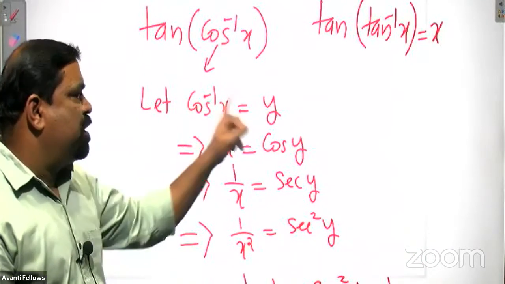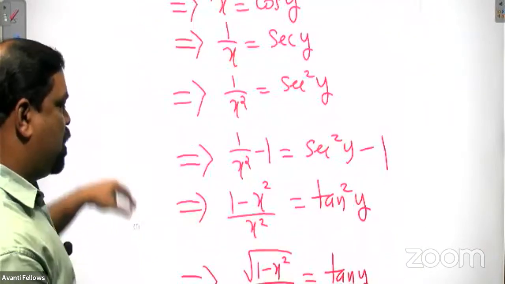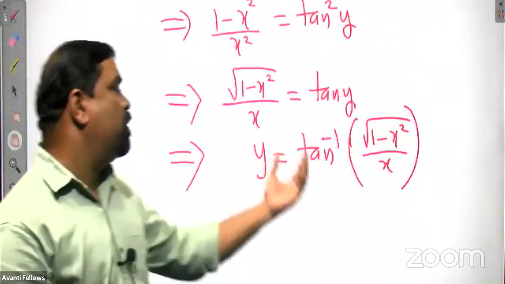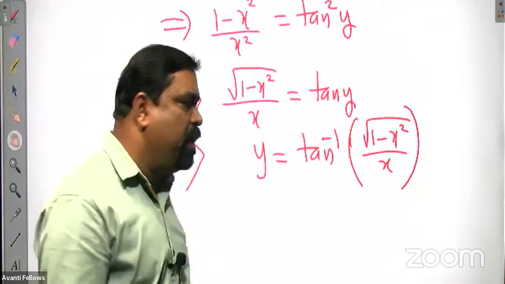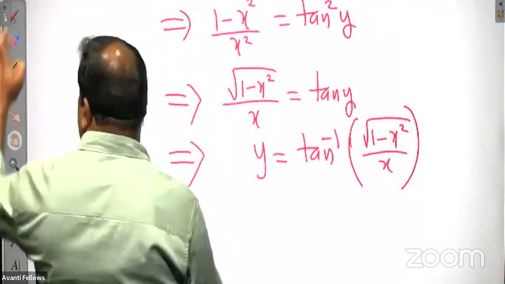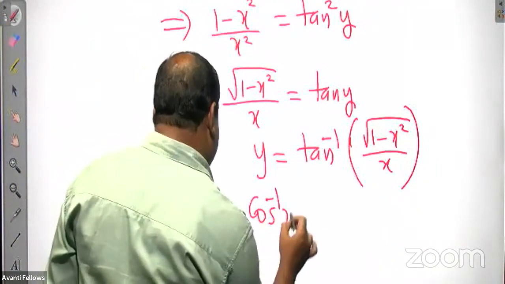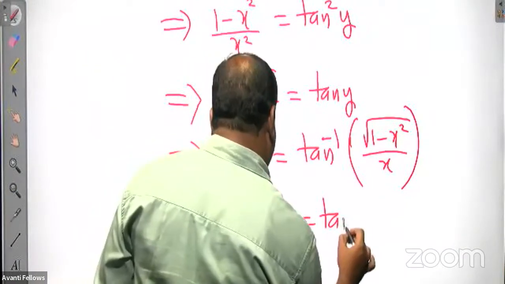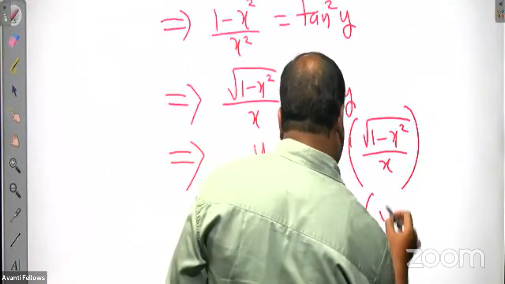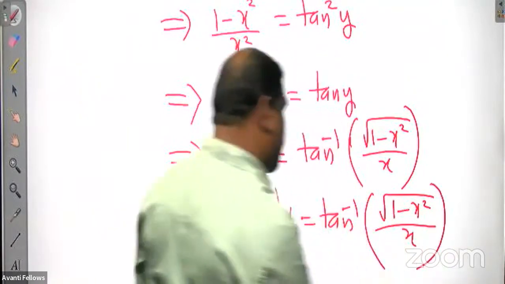Cos inverse x is taken as y, and that y is now converted as tan inverse of root 1 minus x square by x. That means ultimately what we have done, this is cos inverse x. y is nothing but cos inverse x. So cos inverse x is equal to tan inverse of root of 1 minus x square by x.